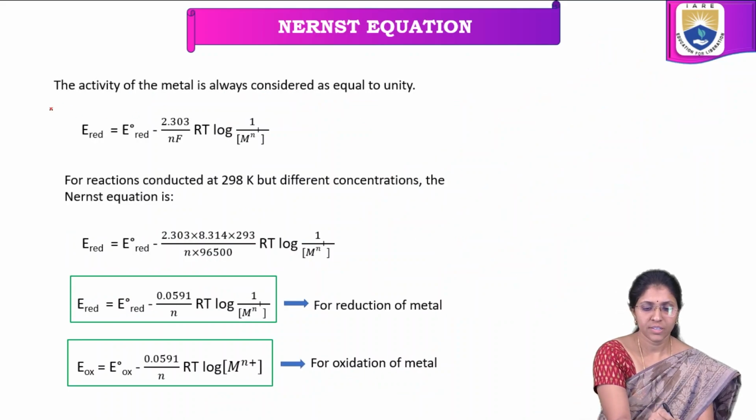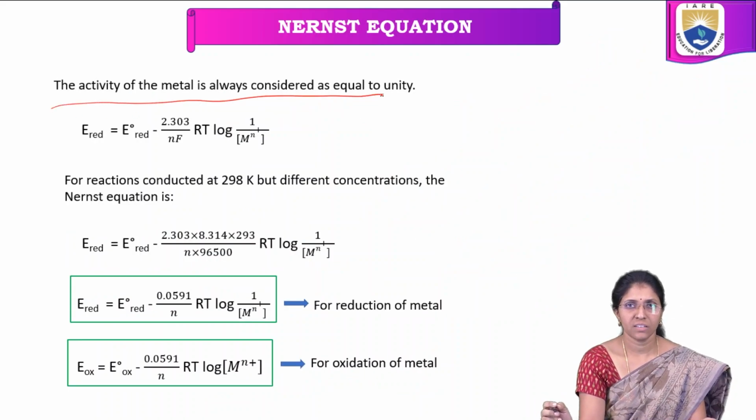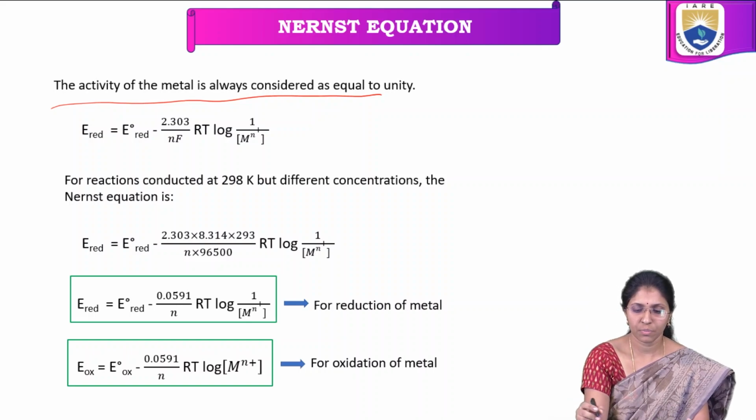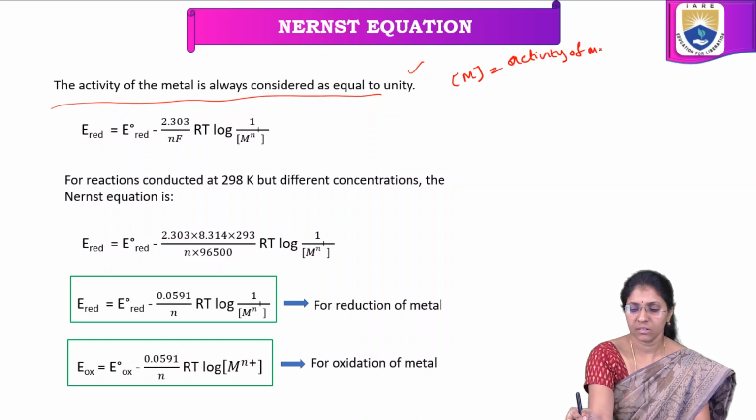We already know that the activity or concentration of the metal is taken as unity, meaning the value of concentration of metal is 1.